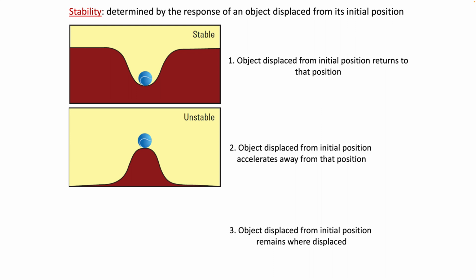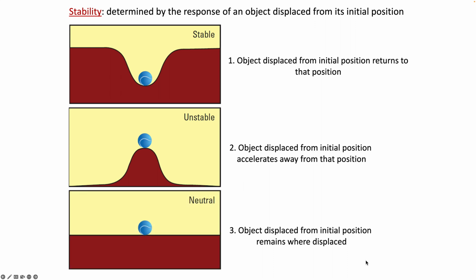If the object just stays at the location where it's been displaced, we say the system has neutral stability. It is neither stable nor unstable. It's just neutral.